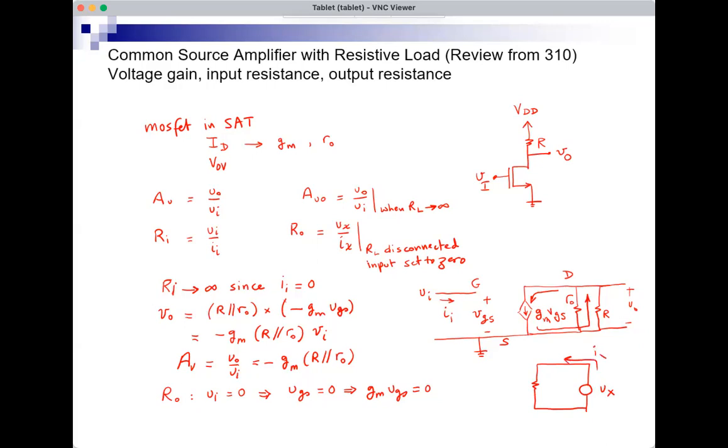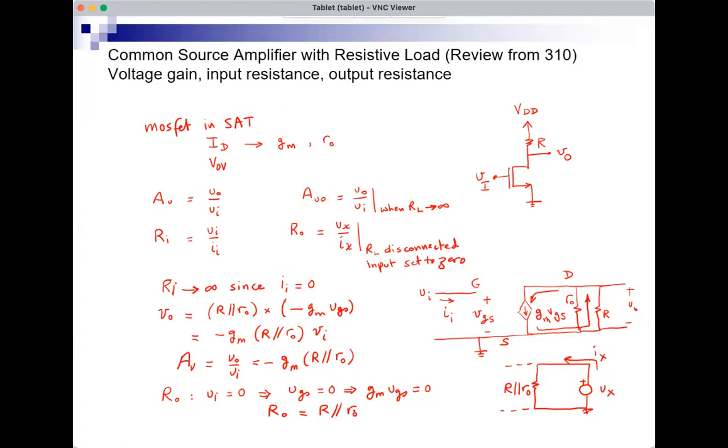After I set the input to 0, GM VGS would be an open circuit, so there is nothing, and I will have left R in parallel with RO here. All right, so that's it. What is Vx over Ix? The output resistance would be R parallel with RO. That's the output resistance of the amplifier.